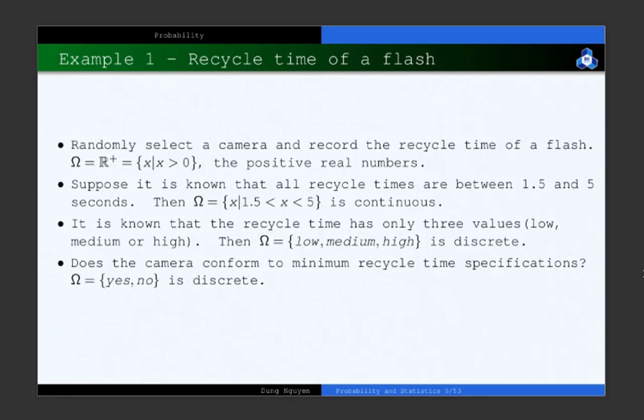Now, if you consider whether the camera conforms to minimum recycle time specifications, then you come up with a set {yes, no}. And because it contains only 2 elements, that sample space is discrete.